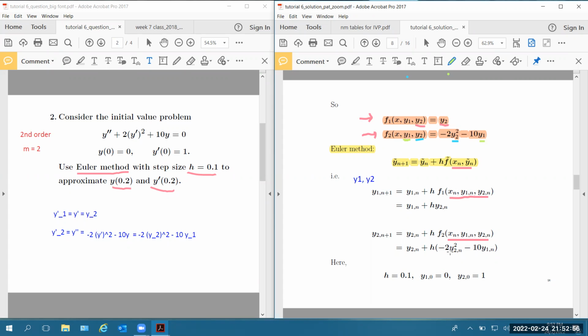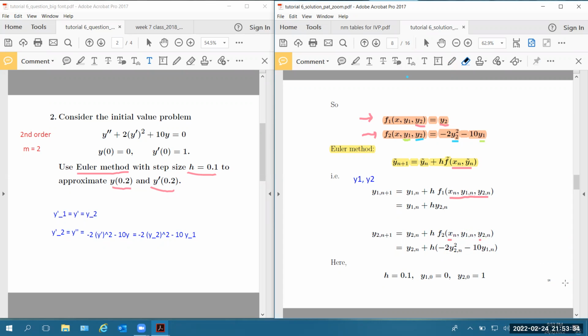So what we do is that we take the minus 2, the last one square. Now look here, the last one here is this, so that's why you get the last one square. And then minus 10 times the middle one. The middle one here is y1n. So that's why you get your 10 times y1n here. So that's how we get it. So basically, we replace the old variable with the new variable that they match, right?